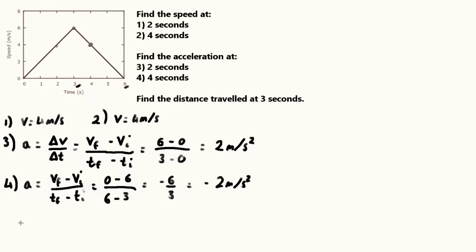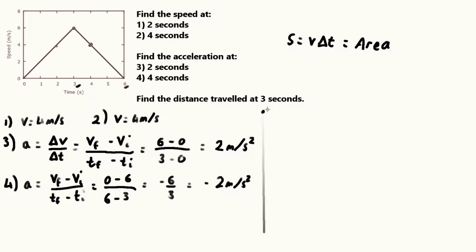Let's move on to the last part, where we need to find the distance travelled at 3 seconds. You may remember from earlier on in the video that on a speed time diagram, the distance s is equal to v delta t, or the area. Therefore, if we want to find the distance travelled, we shall draw a line down and do our working here.